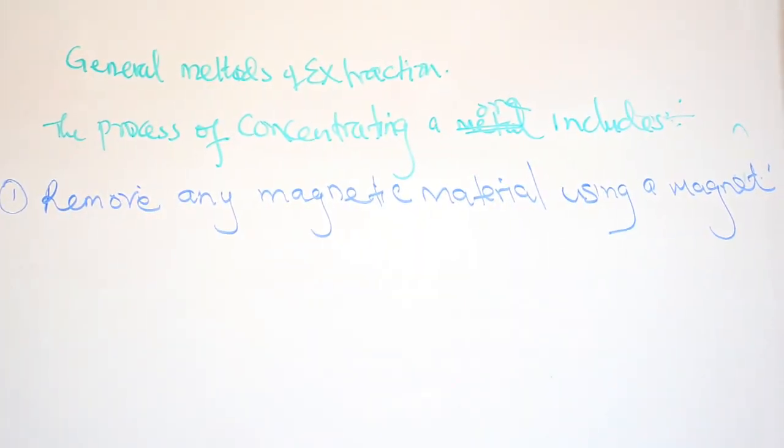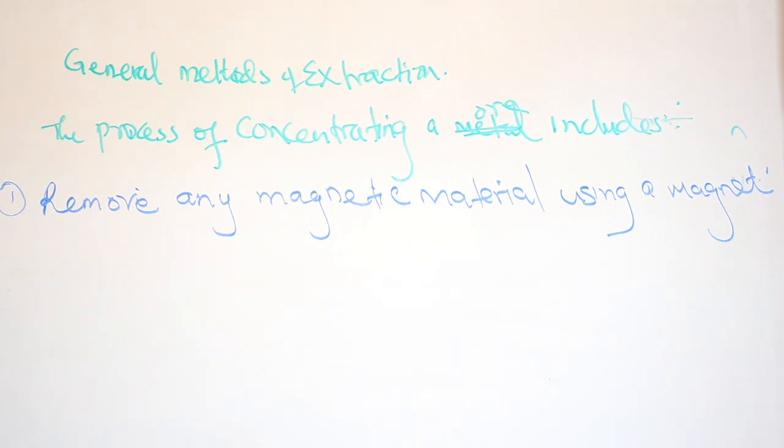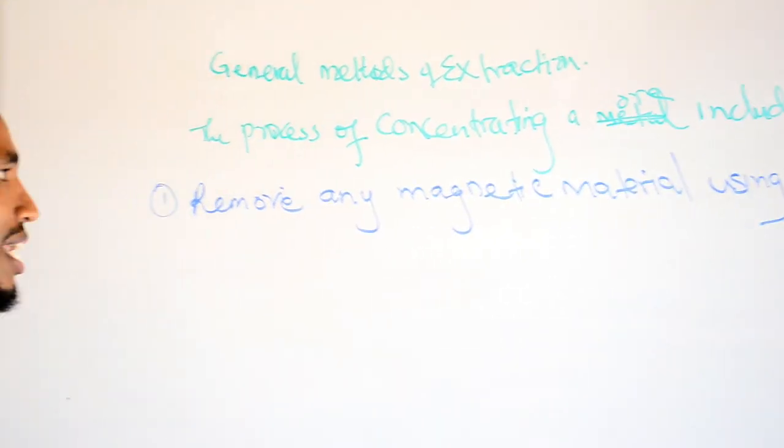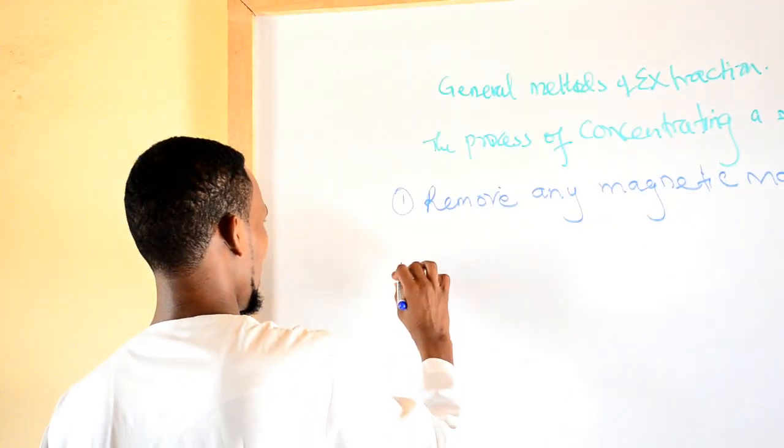What do we mean by magnetic material? These are materials which are attracted by a magnet. So you remove any magnetic material that surrounds that place.